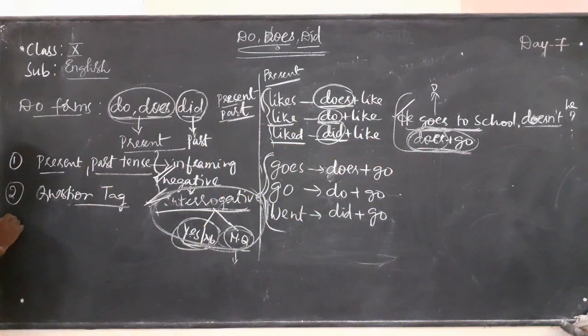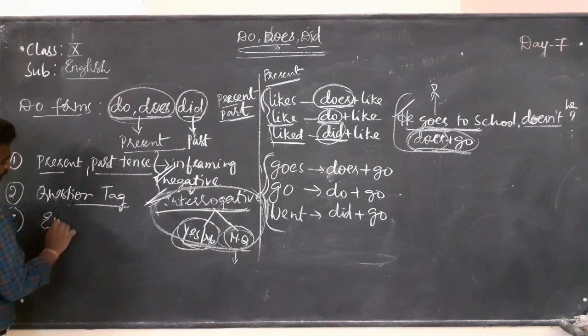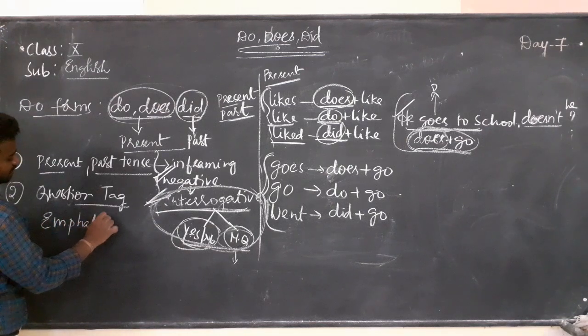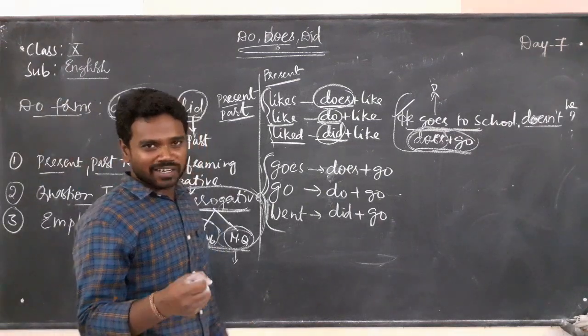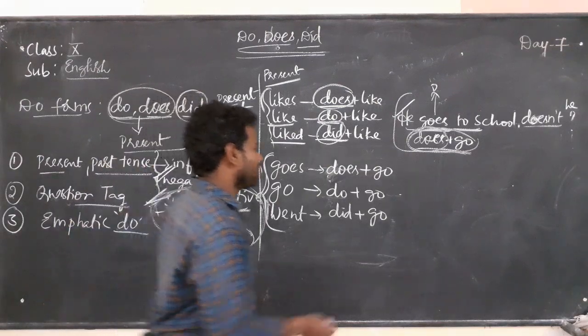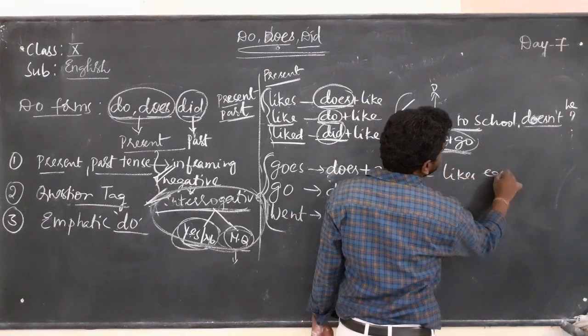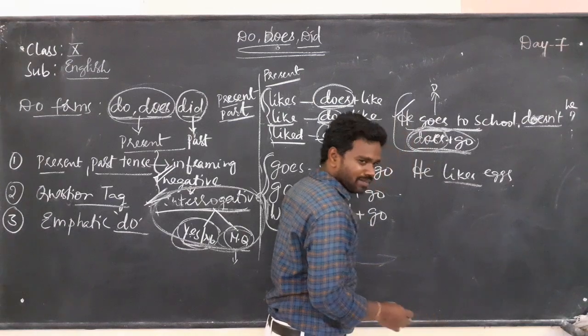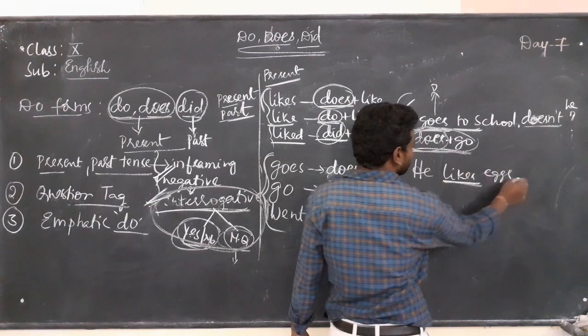And also there is a third usage. Sometimes we use do in emphatic use. Emphatic do means when we focus more on a sentence, when we focus more on everything in a sentence, we use do. For example, he likes eggs. So now likes is a normal sentence.